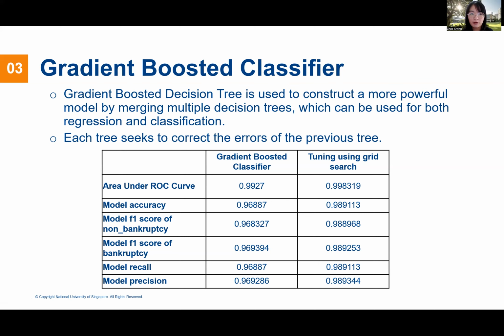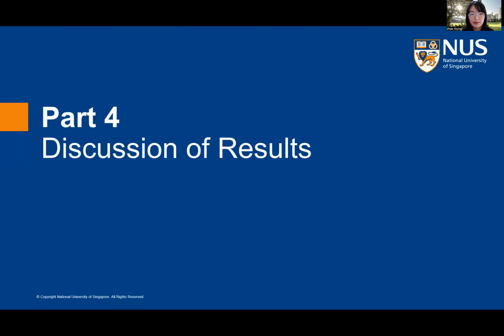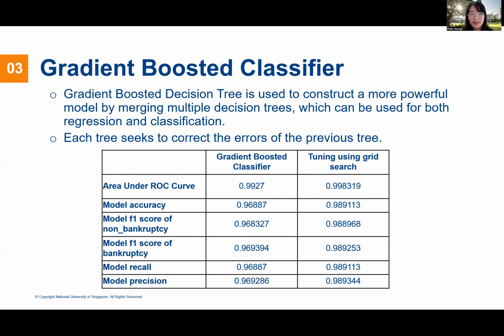According to the result of this model, the F1 score reached 0.97, which is higher than that of the random forest model with F1 equal to 0.92. After tuning using grid search, the F1 score of this model is even as high as 0.99.